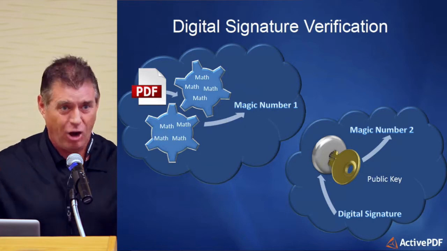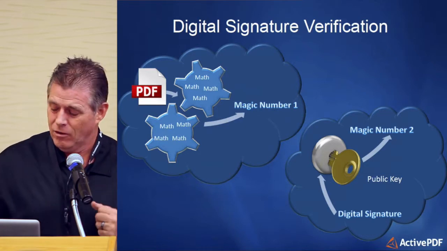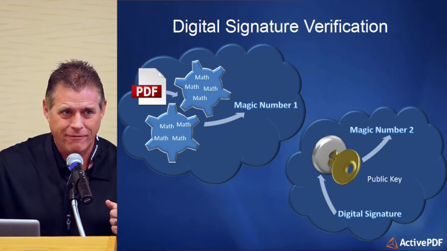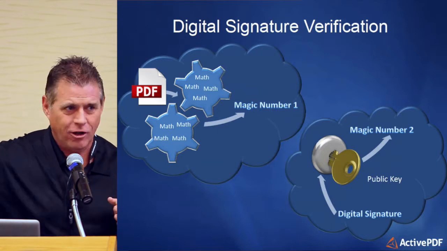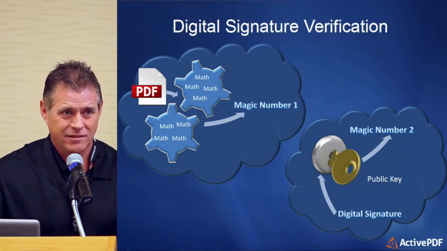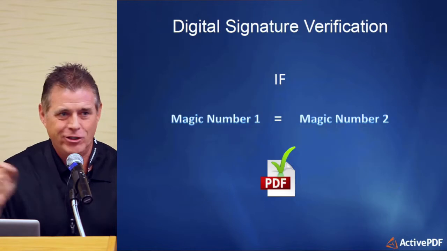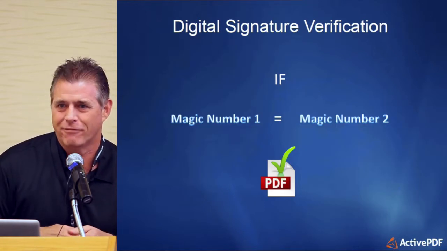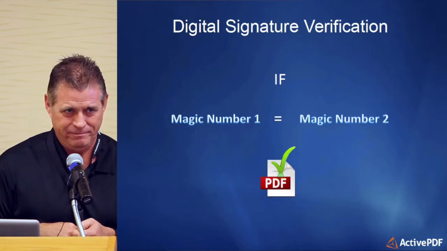And we come up with our magic number. We then take that digital signature that was locked with the private key, and we unlock it with the public key. And we get another magic number. If the two magic numbers are equal, it's a valid document. Nothing's been changed.